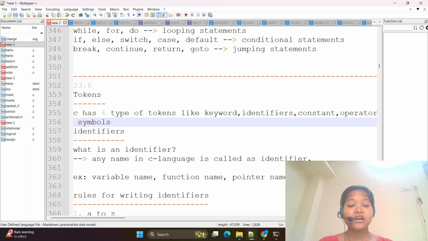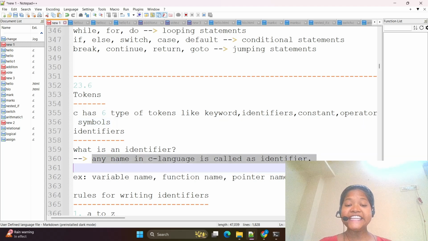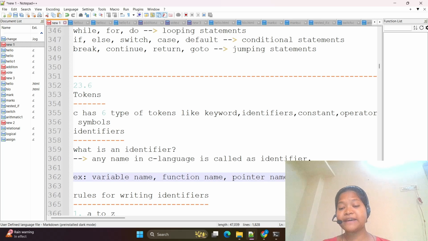So any name in C language is called an identifier. Any variable name, function name, pointer name, array name is considered an identifier.